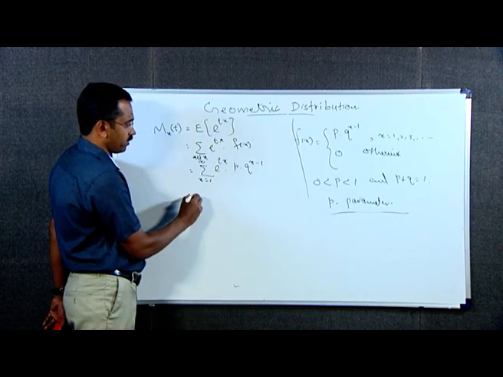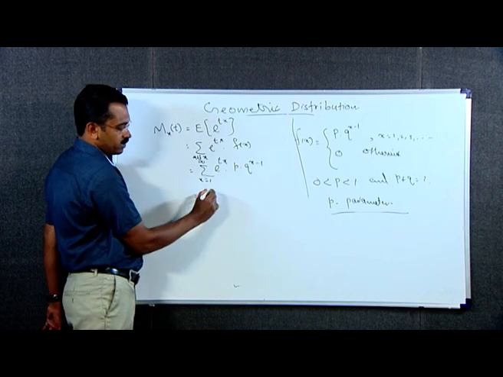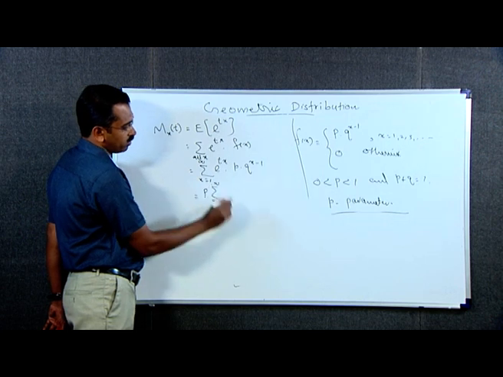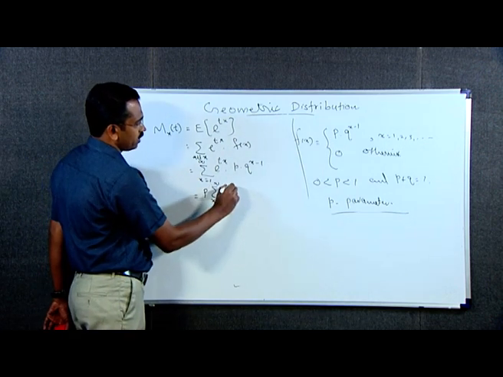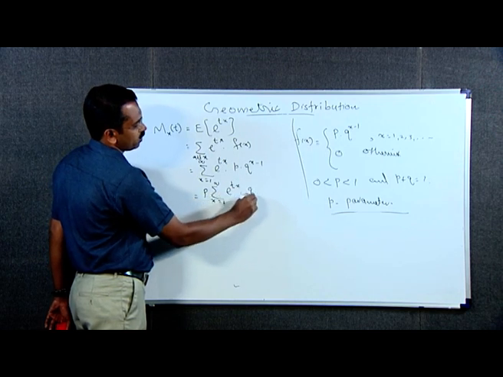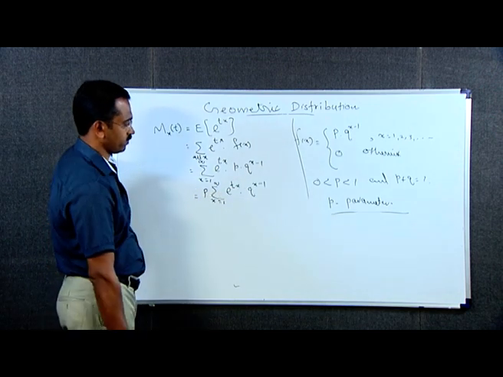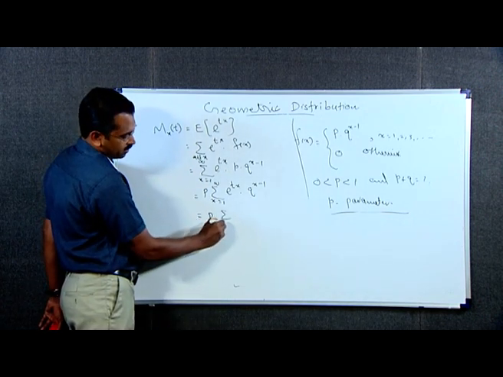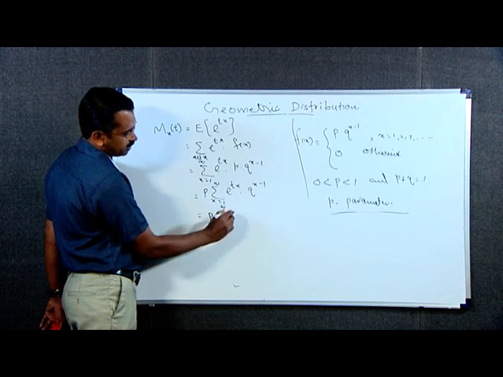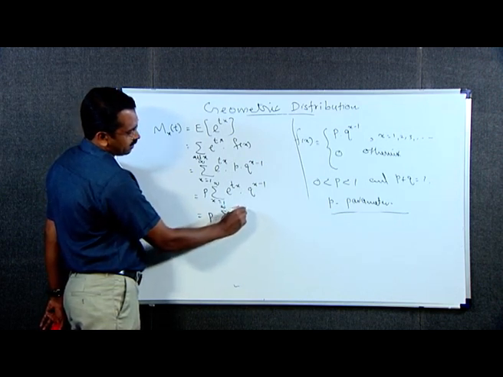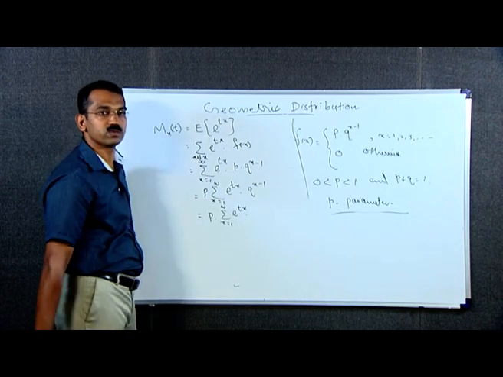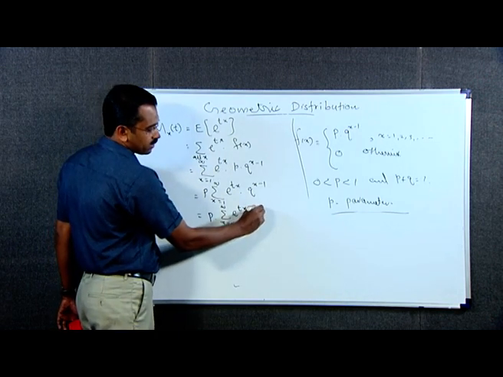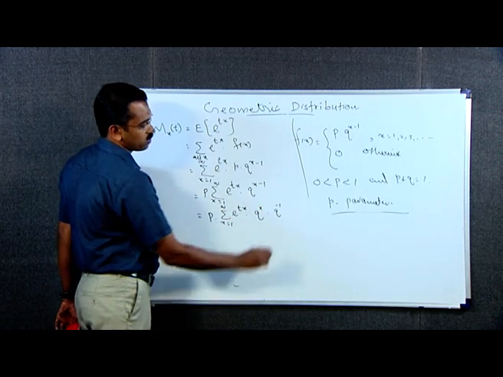This is equal to p can be taken outside, p into summation x varies from 1 to infinity e raised to tx into q raised to x minus 1. That is equal to p into summation x varies from 1 to infinity e raised to tx into, here q raised to x minus 1 can be written as q raised to x into q raised to minus 1.